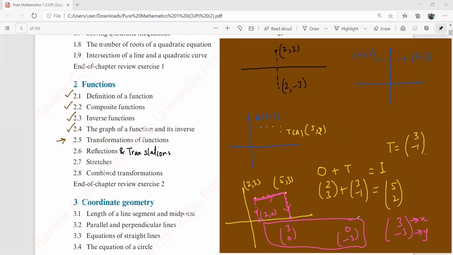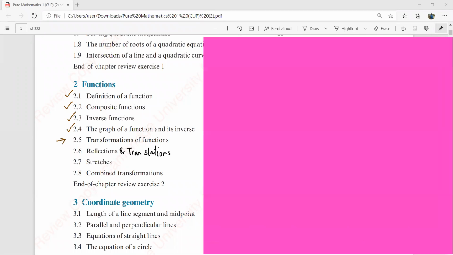Okay, so I will now be taking you to the reflections and these translations. I'll show you how these transformations affect the graphs of the functions and then the equations of those functions. Okay, now children, look.